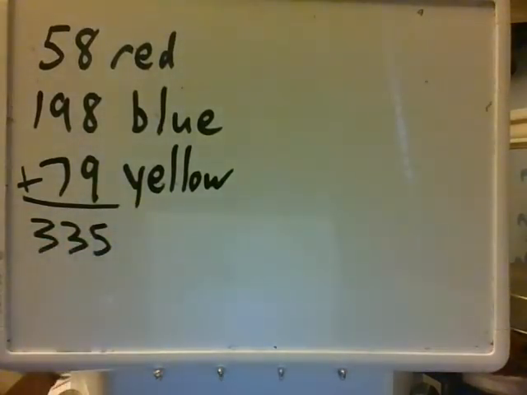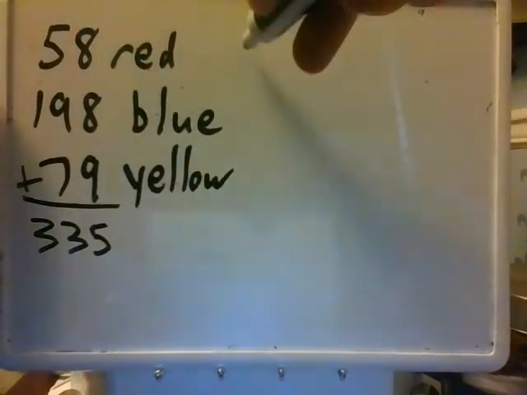Now, to figure out the probability of drawing each one, divide each of these numbers by 335. So 58 divided by 335, 198 divided by 335, and 79 divided by 335.